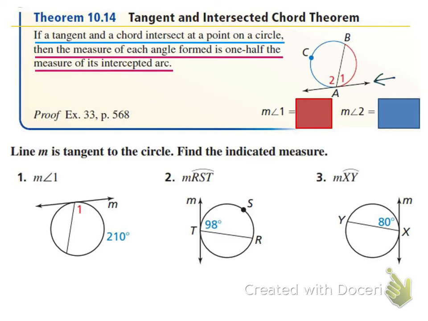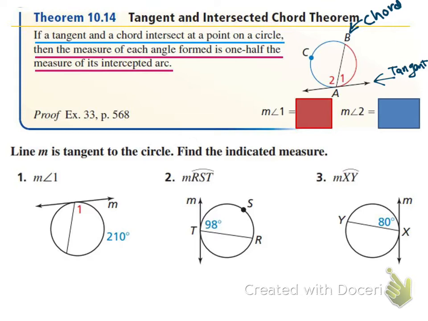Touch the circle once. So here's a tangent line. And then a chord. A chord goes from edge to edge. If they intersect, then a relationship is formed, and I'm going to show you it. Then the measure of each angle formed is 1/2, which I believe is a blank on your paper, 1/2 the measure of its intercepted arc.